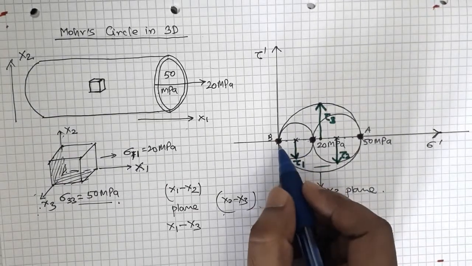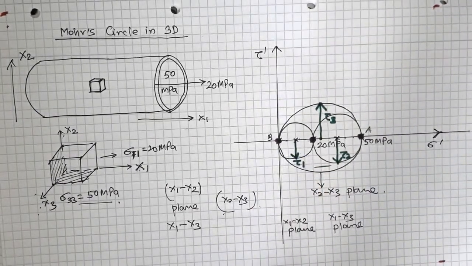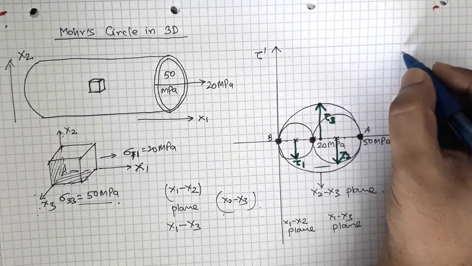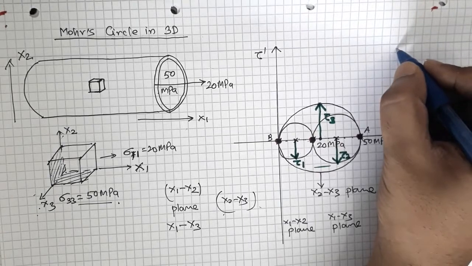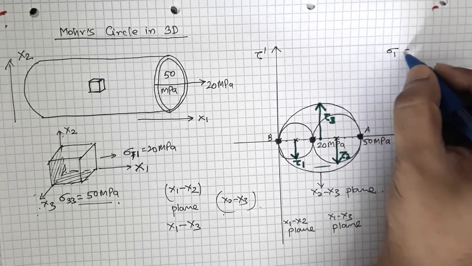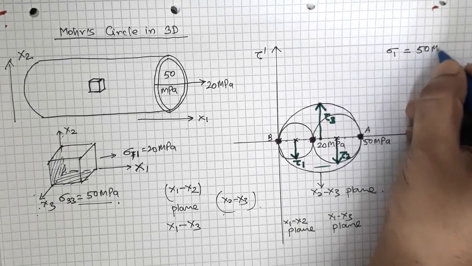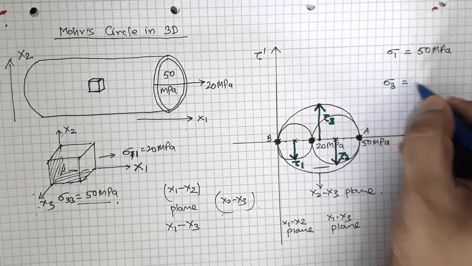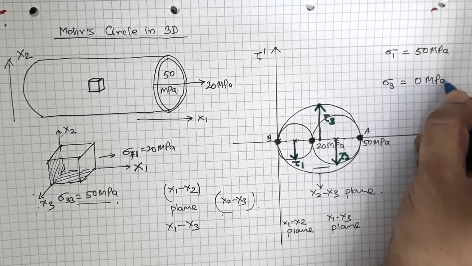So now let's see what is here. The maximum principal stress, let's call that sigma 1, has a value of 50 megapascal. The minimum principal stress, let's call that sigma 3, has a value of 0 megapascal.